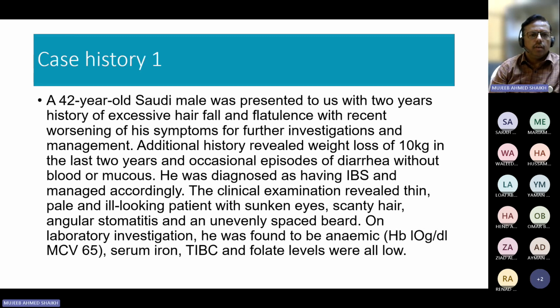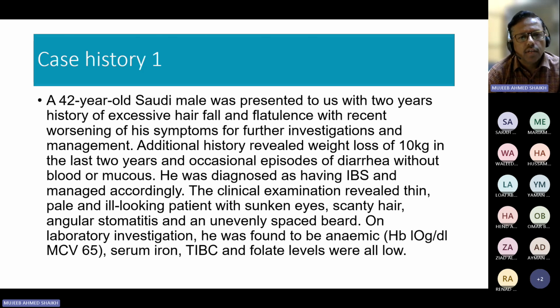a 42-year-old Saudi male presented to us with a 2-year history of excessive hair fall and flatulence, passage of gases. With recent worsening of the symptoms, the hair fall has become more and the passage of gases has become more.